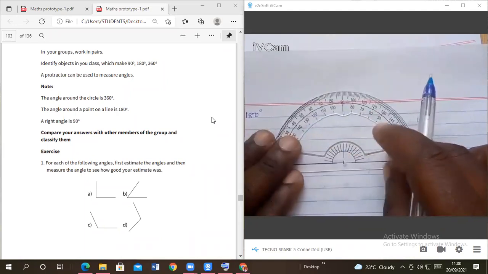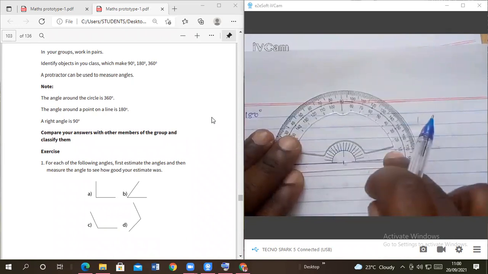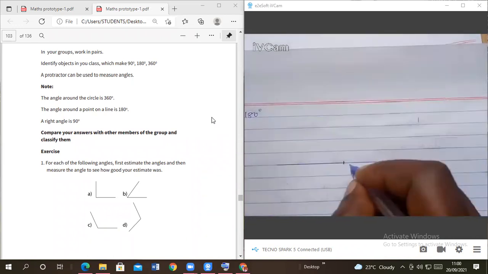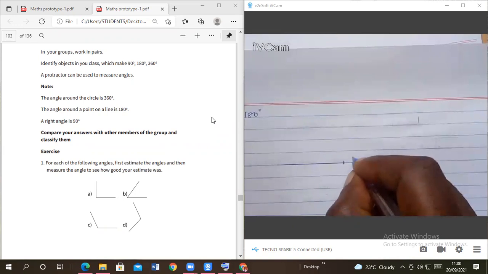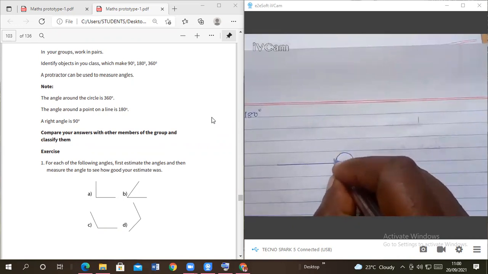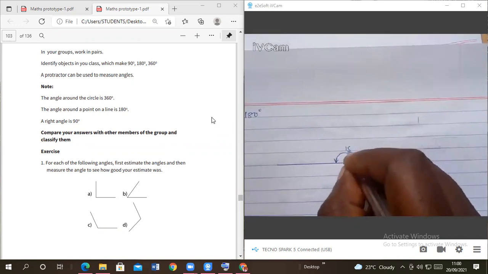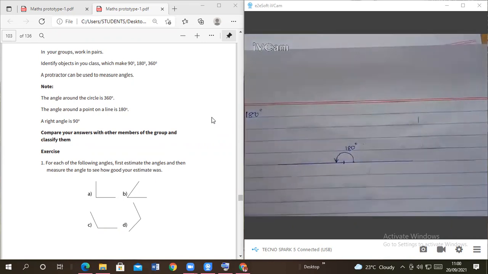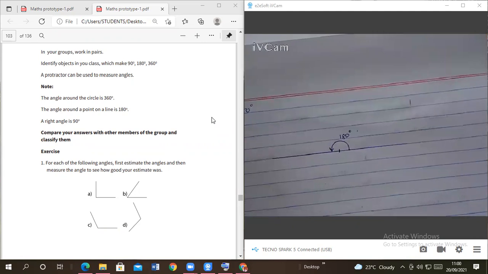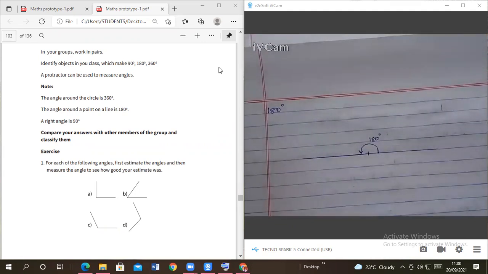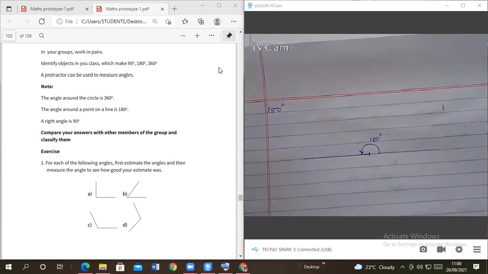So if a straight line is drawn like that, it means that the angle from this point to that point is 180 degrees. So angles on a straight line. Do you remember that? Angles on a straight line add up to 180 degrees. Do you remember that?